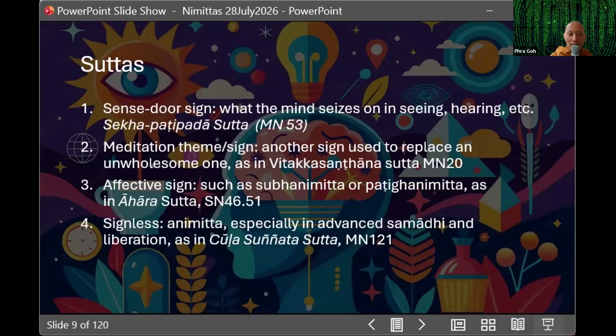The second one is a meditation theme or sign, which can be used as a positive thing. You use some positive sign to replace an unwholesome one. The common example is the asubha image, the impurities of the body.